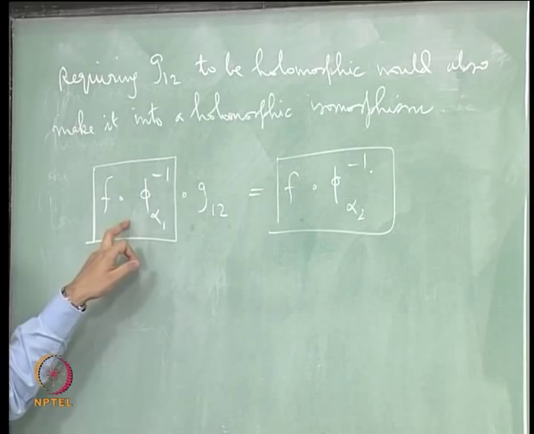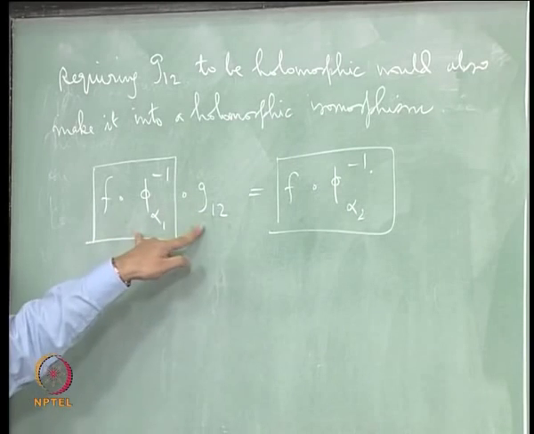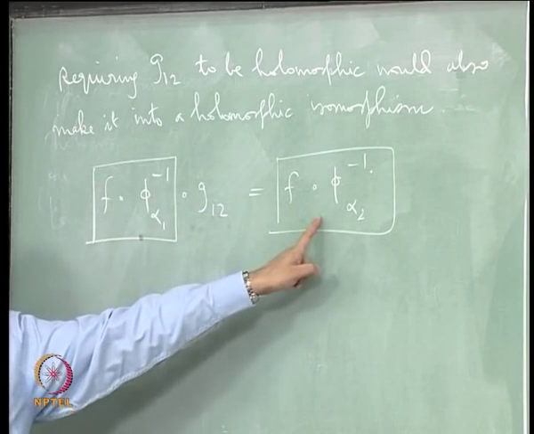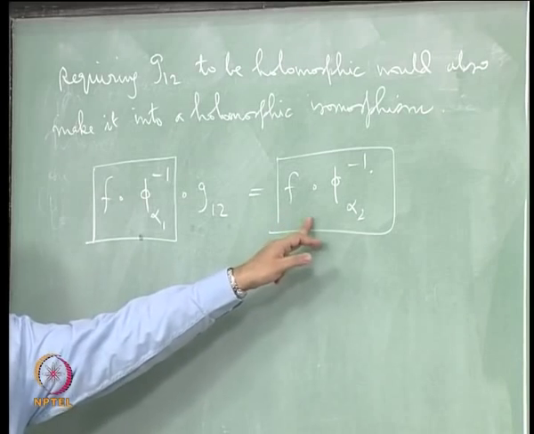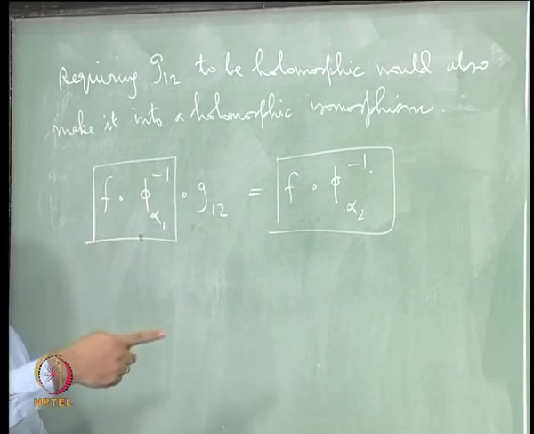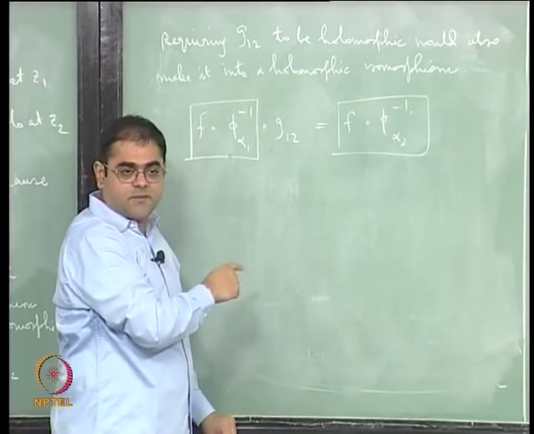If this is holomorphic, G12 is already holomorphic, and this is a composition of holomorphic maps, so that is holomorphic. Conversely, if that is holomorphic, I can multiply on the right by G12 inverse to get that this is holomorphic.